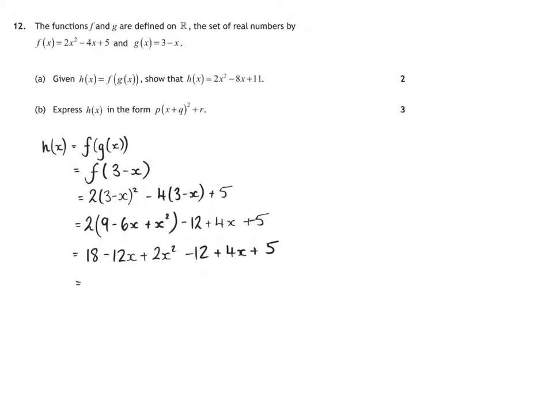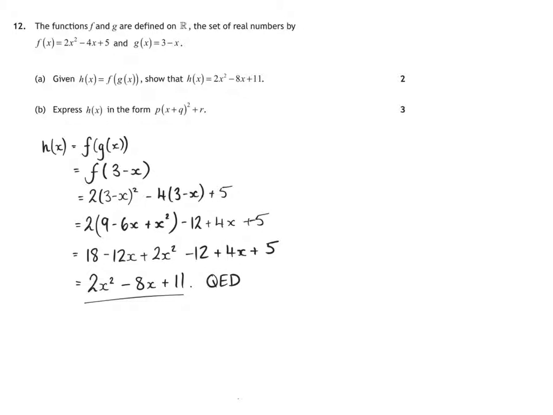Then when we simplify this and get all our terms in the right order, we get 2x squared. We've got minus 12x plus 4x, which is minus 8x. And we've got 18 minus 12 plus 5, so that's 6 plus 5, which is plus 11. And then we can write QED to show that we have shown what they've asked us to do.